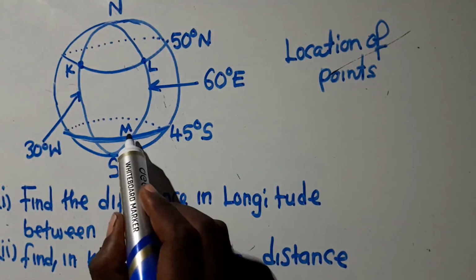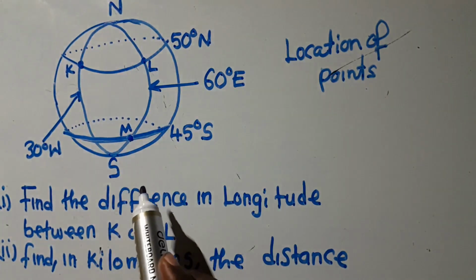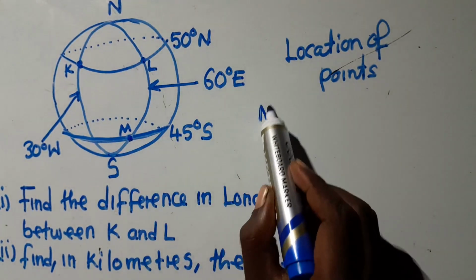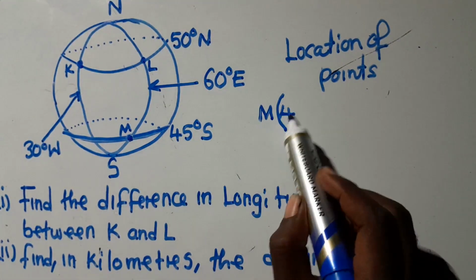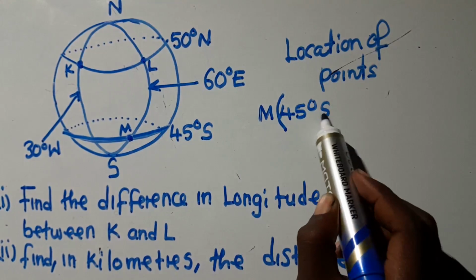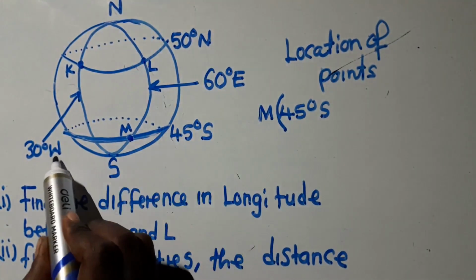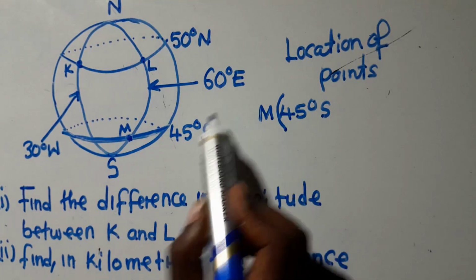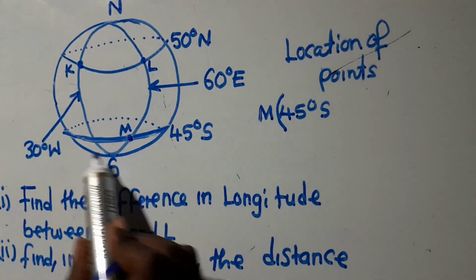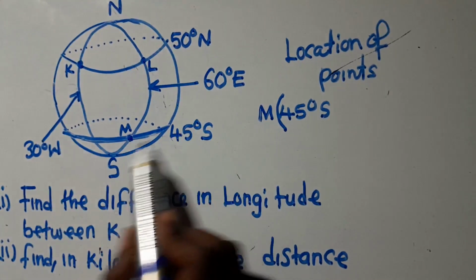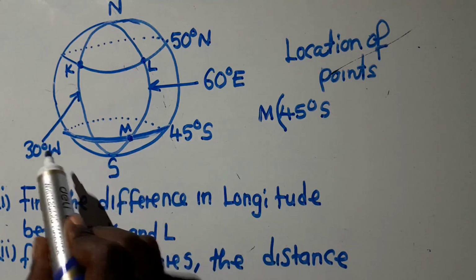Let's say you want to locate point M. M is on which latitude? It is on 45 degrees south. This is the latitude. Latitudes run from west to east; they move in this direction.